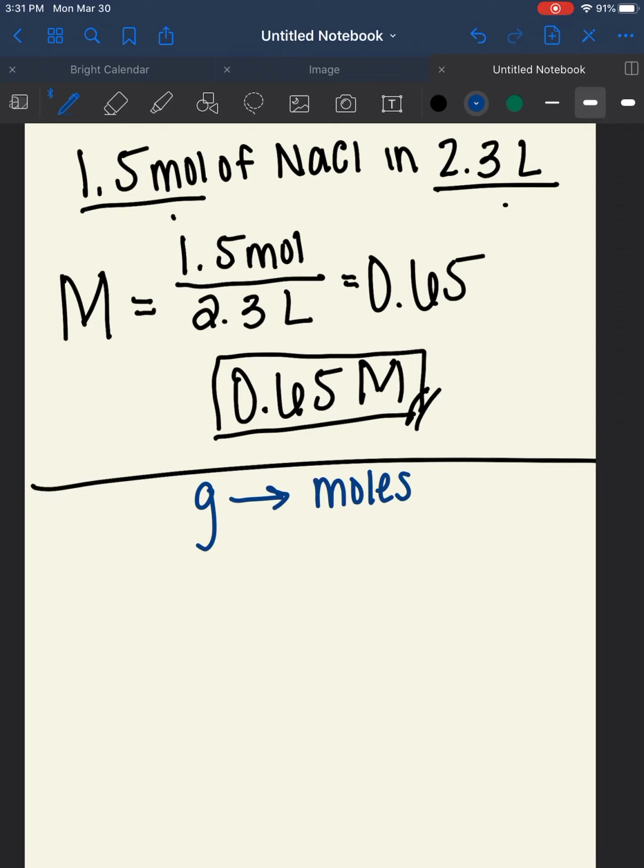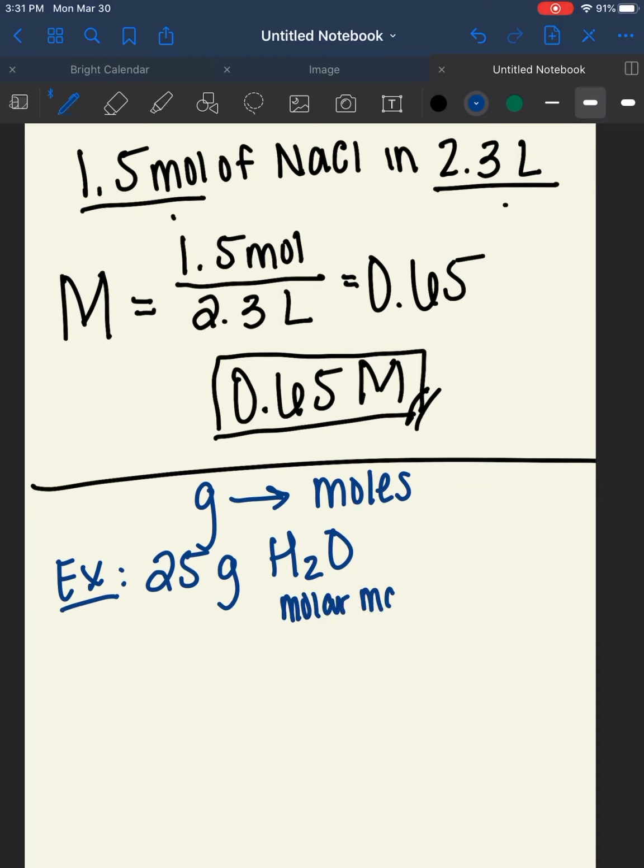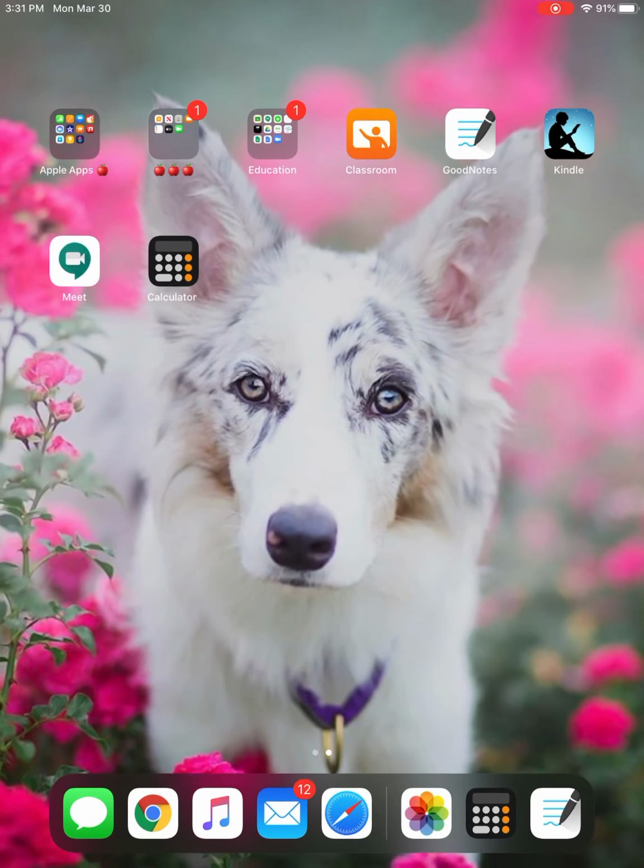So say you're given, as an example, 25 grams of H2O. What you would need to do is get the molar mass of H2O. Molar mass you get by looking at the mass from your periodic table.